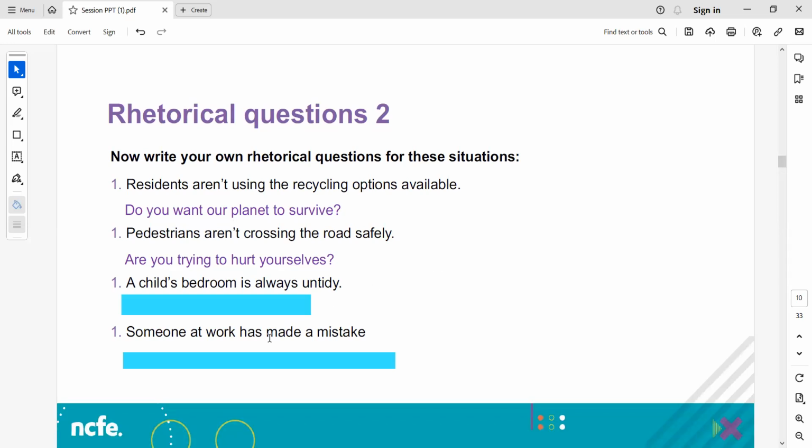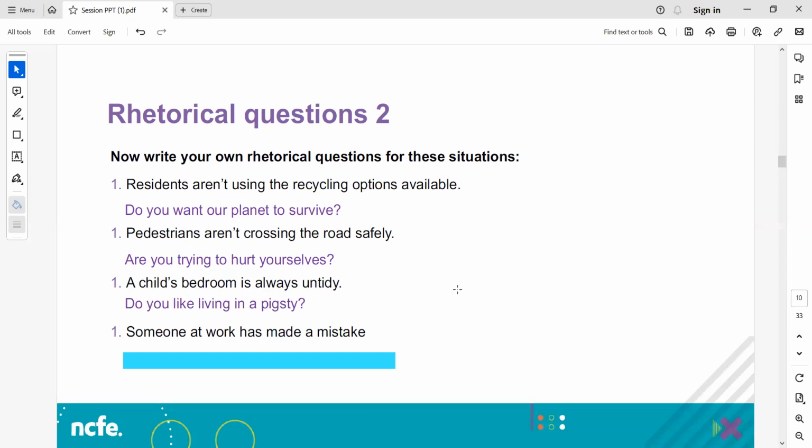So a child's bedroom is always untidy. Imagine if you've got children and your child's bedroom's untidy, or what your parents might have said to you if you were untidy as a child. What's the sort of thing parents might say? Let's look at the example and see if anyone can come up with another one.